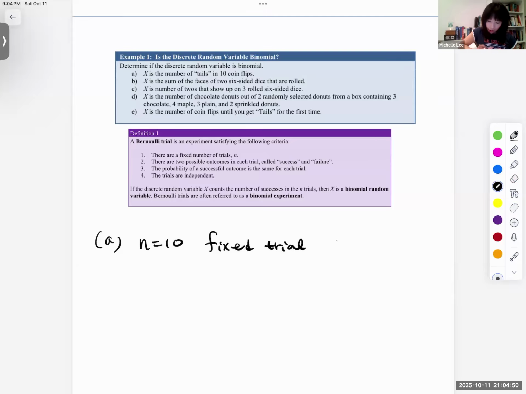Okay. Second one, there are two possible outcomes, success or failure. So getting tail will be success in that case. And what other outcome will be? Getting head will be failure. Make sense?